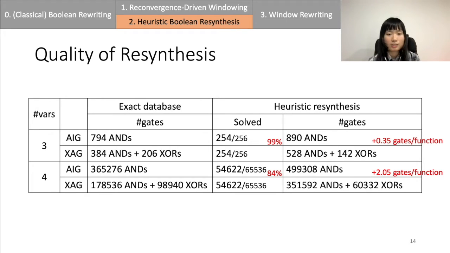Note that this experiment solves a special case of the resynthesis problem where only the primary inputs are provided, but not divisors with arbitrary functions. It would be impossible for an exact database to have solutions for all possible instances of the generalized resynthesis problem.